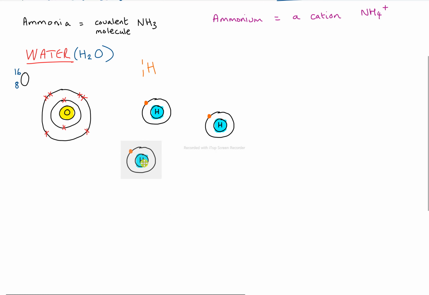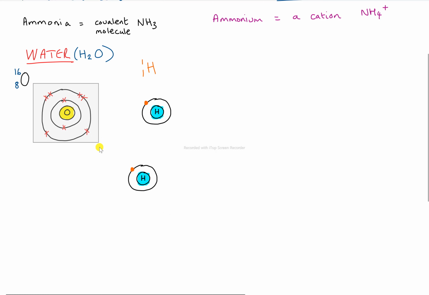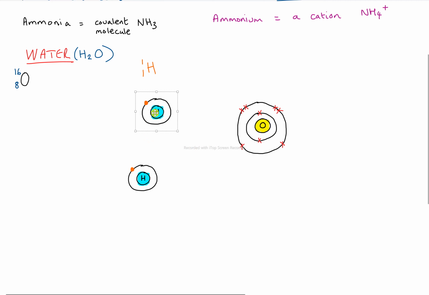There you go. So we've got two. I'm going to group it and move it over here. This hydrogen is going to join up here. I'll explain what's going on in a second. And this one joins up here.